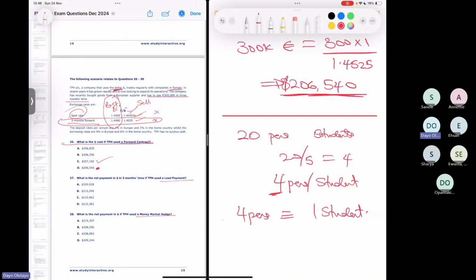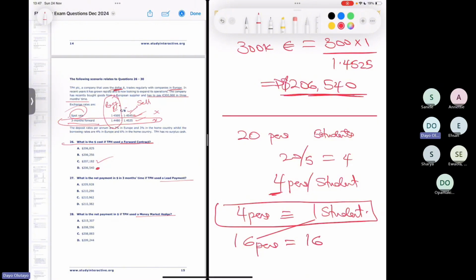Now, once you write this first one, that is it. The next question is, do you want to work from pens to students or students to pens? So let's play with it. If I say, how many students will you give 16 pens to? What will you do? You cross multiply. You always cross.